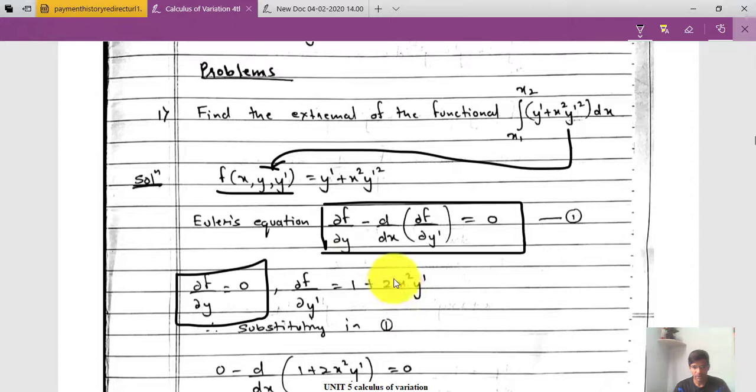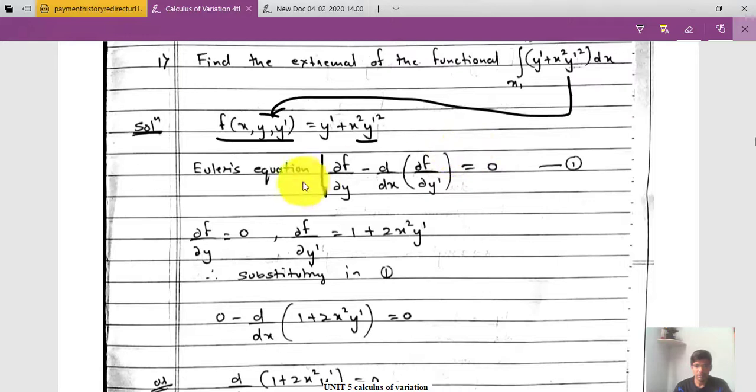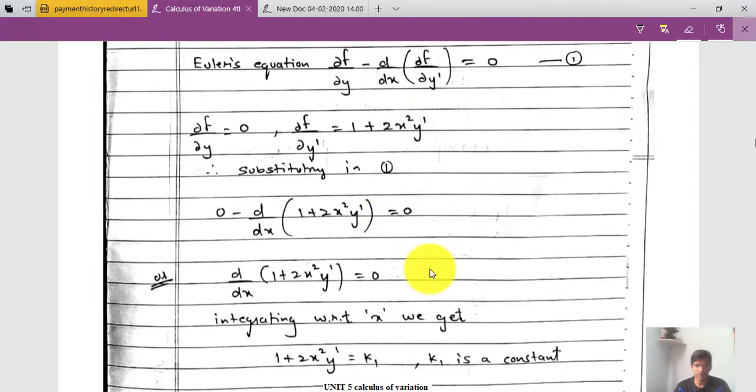Then x² as it is, keeping the other factors constant and differentiating with respect to y', so this becomes 2y'. Therefore, on substituting the above values in equation 1, what do we have? 0 minus d/dx of ∂f/∂y', which is 1 plus 2x² y', equal to 0.